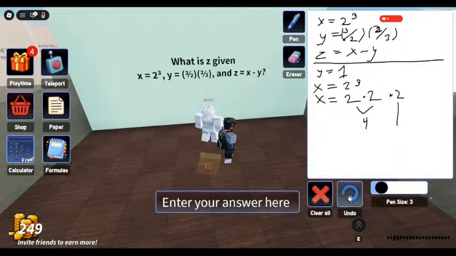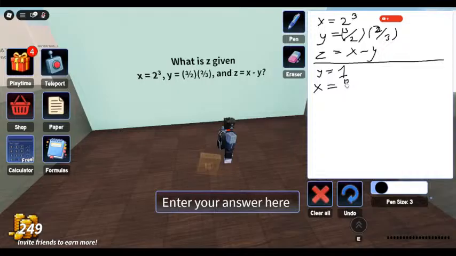So x is equal to 8. Now we just input it to here. z is equal to x, which is 8, minus y, which is 1. Then we get z as 7.